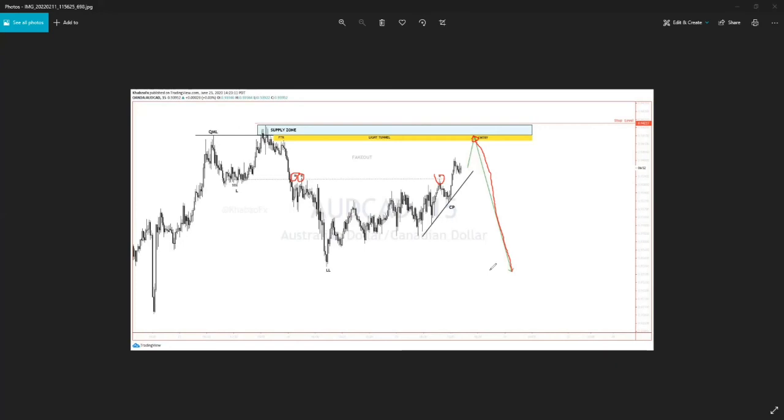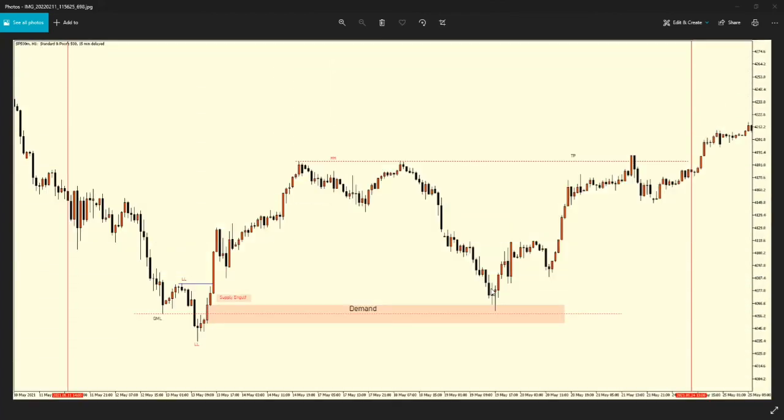So we talked about identifying supply and demand levels. We talked about liquidity, and we talked about inefficiency and all of those things. So do not neglect that kind of information. So this could be used with the aid of that knowledge. You get what I'm saying? So yeah, let's move on to another example.